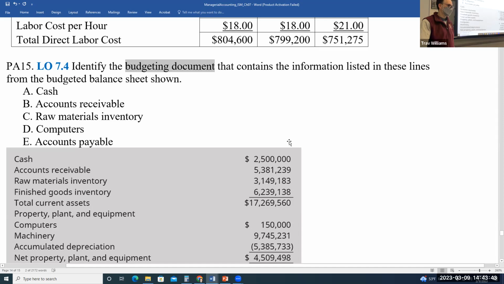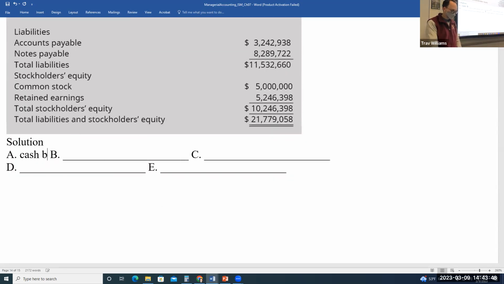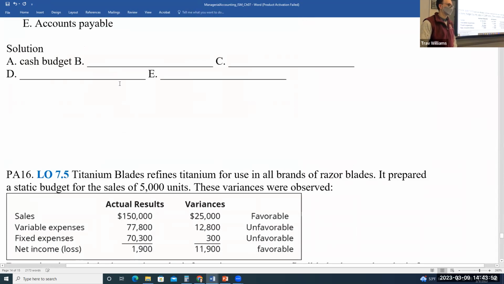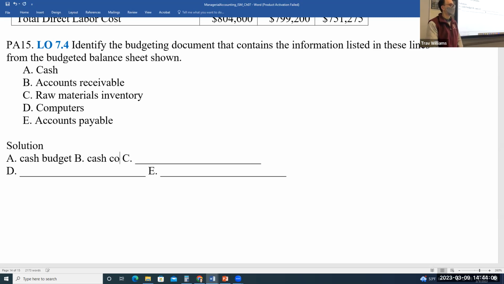Yeah, makes sense to me. So let's put cash budget for A. Now I'm just going to get rid of this table here. Don't have to scroll. Accounts receivable. What document would tell us our accounts receivable? Cash collection. Or I'm trying to think if they call it cash collection or cash.